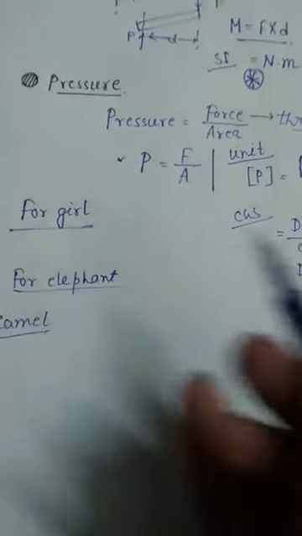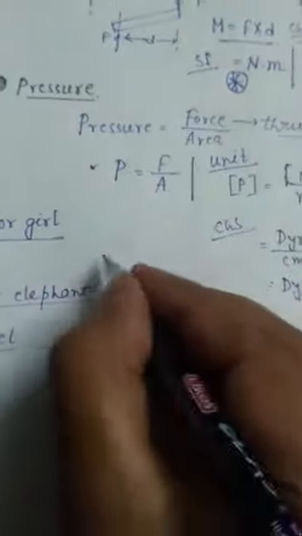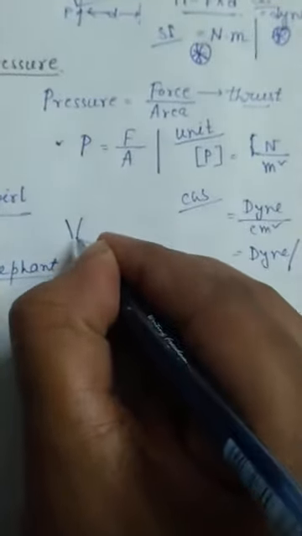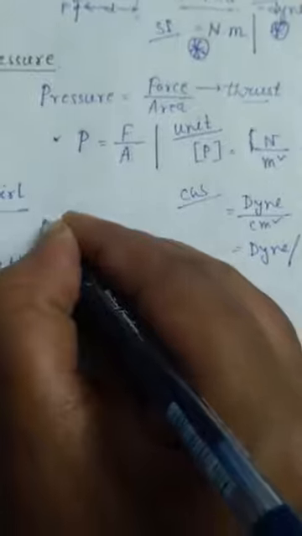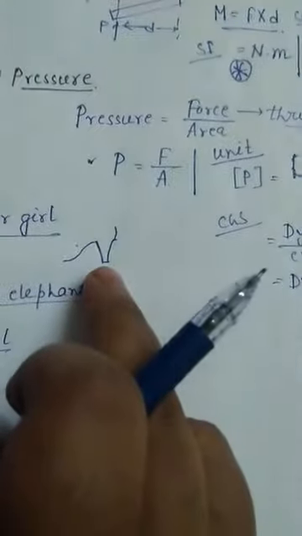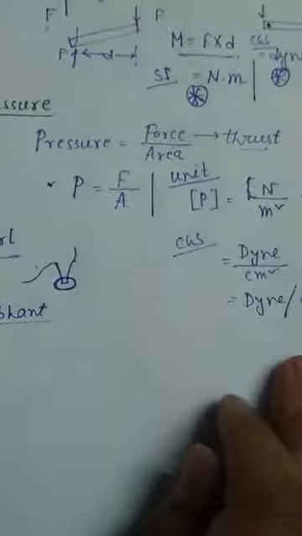If you look at this figure very carefully, the heel of the girl's shoes is sometimes like this. Just look at this here about the areas. We are talking about the areas.